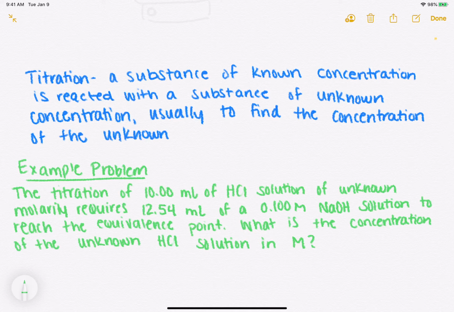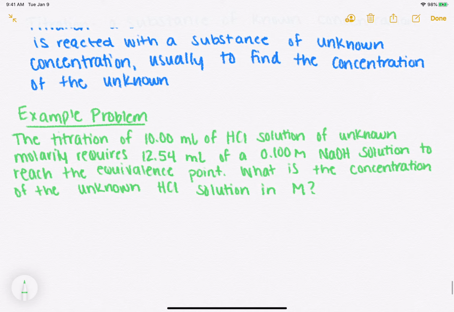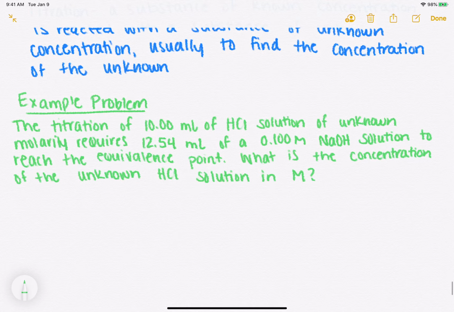So I'm going to link a separate video to talk about how to actually do a titration in the lab, but the point of this video is to do an example of the math behind titrations. So this is a very introductory level problem. They can get much more complicated than this, but this is the basics of how to solve a titration problem.